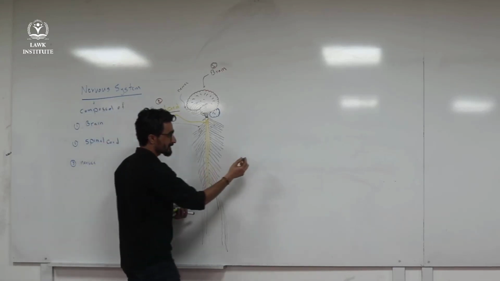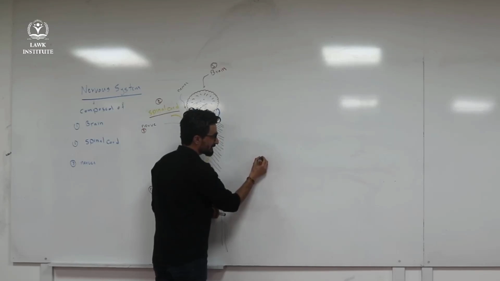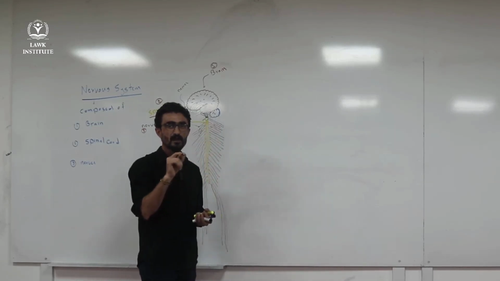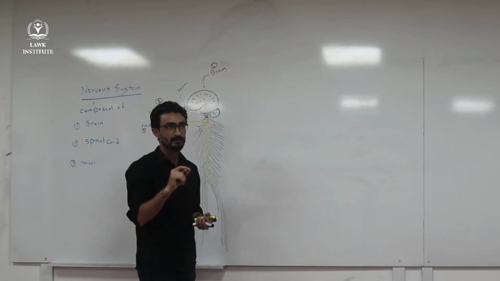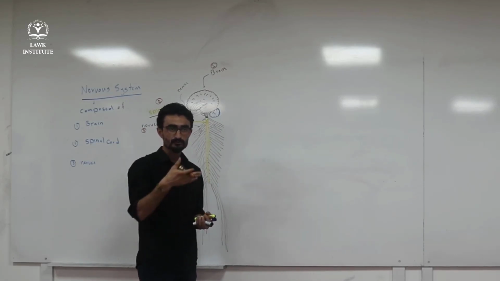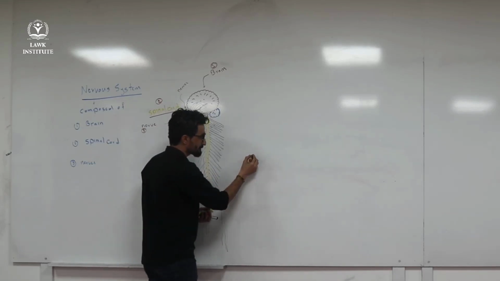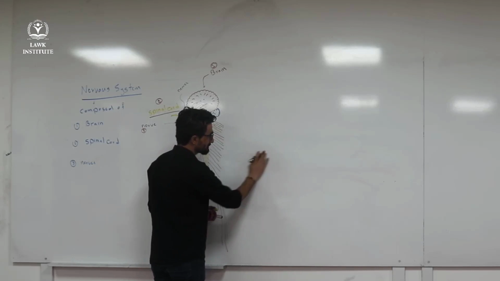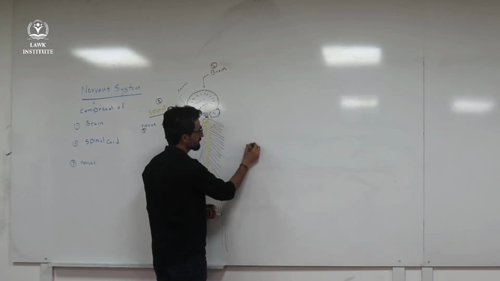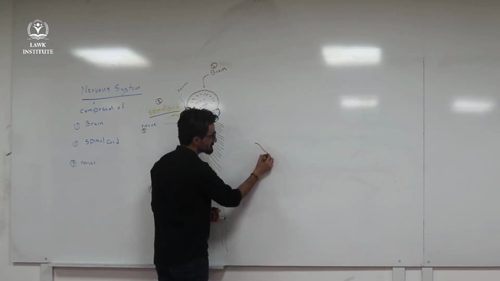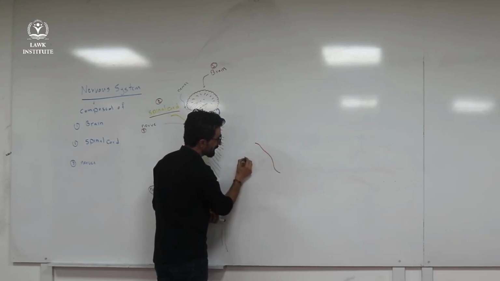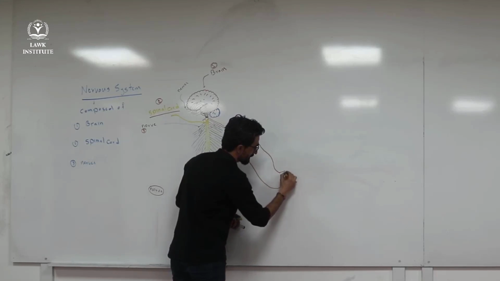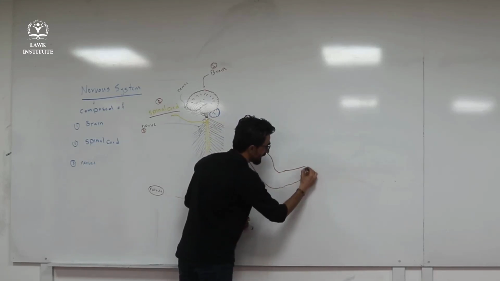So let's study the relation between these three things in order to understand the role and function of the whole system. Let me explain how the nervous system detects information from your body and how it reacts to that particular information. Well, assume that this is your arm, and let's say this is your hand.